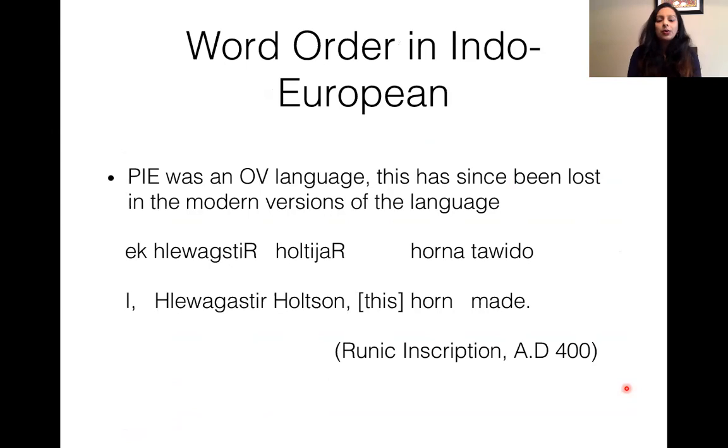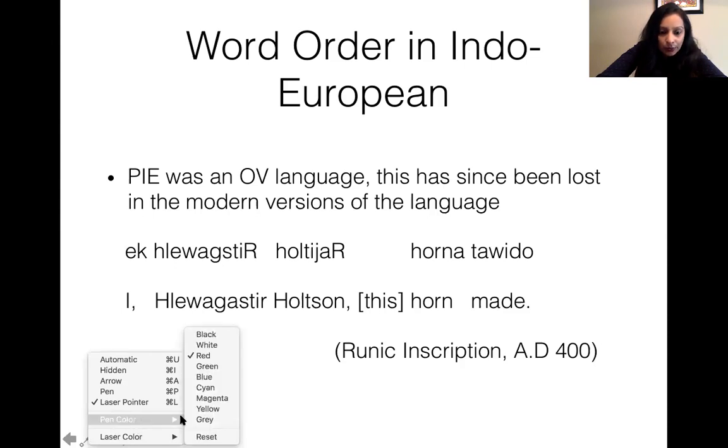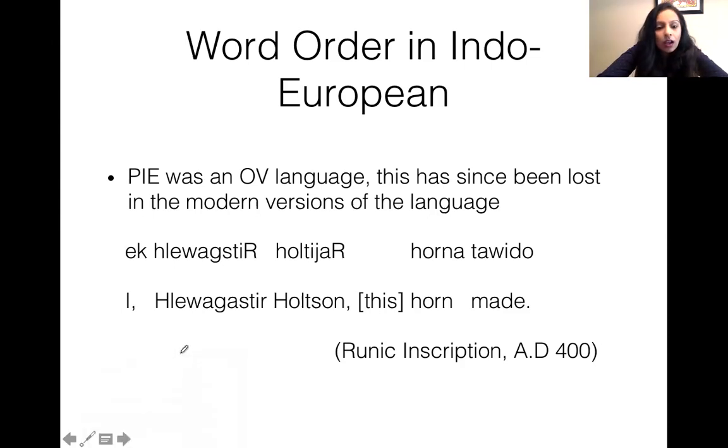So here is the word order in Indo-European. The crucial difference in word order between modern English and Old English or Indo-European is the fact that the object preceded the verb. So Proto-Indo-European word order was subject, object, verb, right? SOV, this was the word order of PIE.